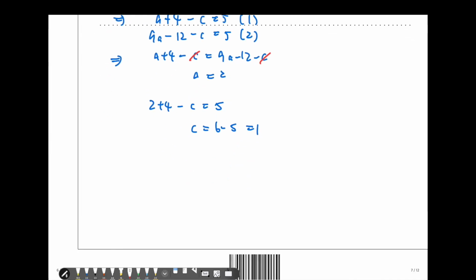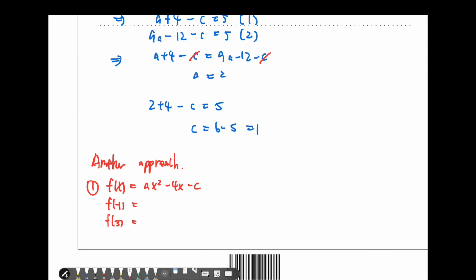Another approach to doing this question is, for the first one, f of x is equal to ax squared minus 4x minus c, and then we just plug in the values into the function.